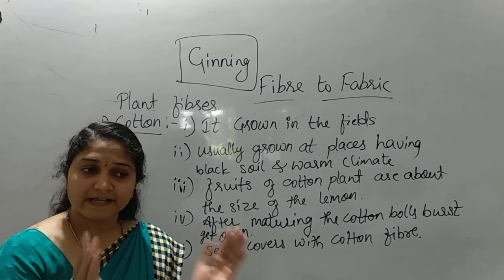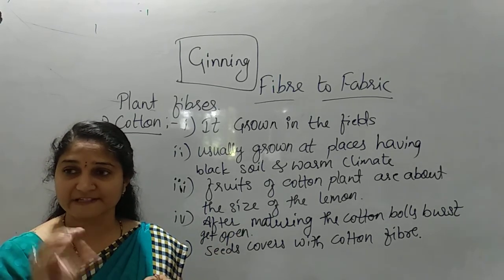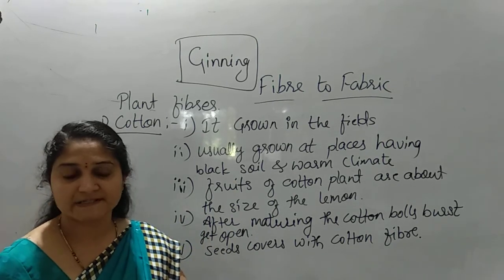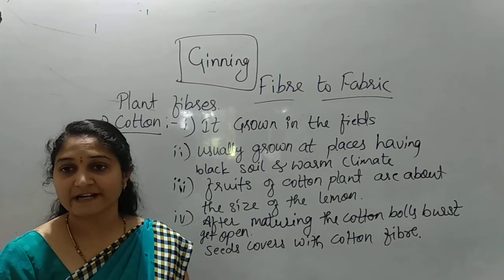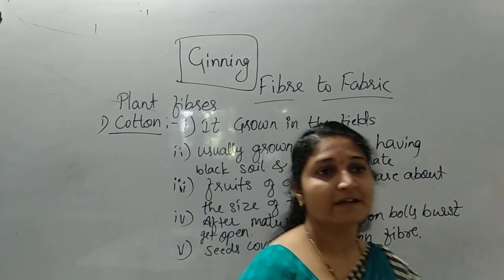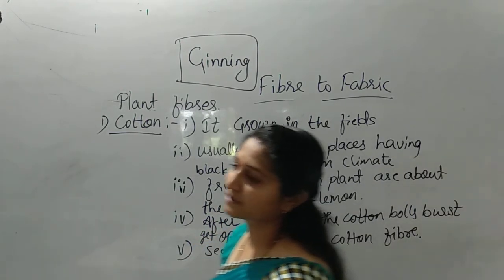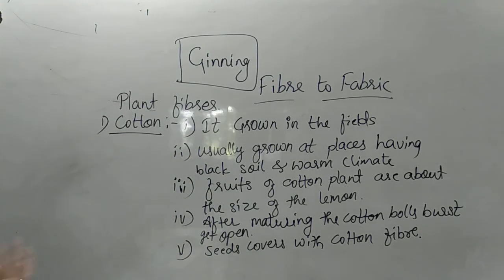So the collected cotton has seeds present in it. The seeds and cotton fibers are then separated. That is one more process, which we call the ginning process. Here also machines are there. Otherwise, in previous days they used to separate the seeds and cotton fibers by hand.